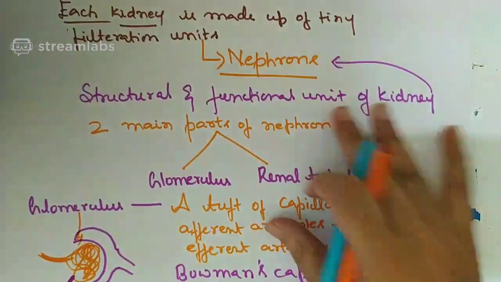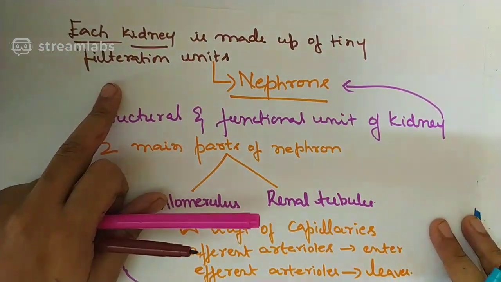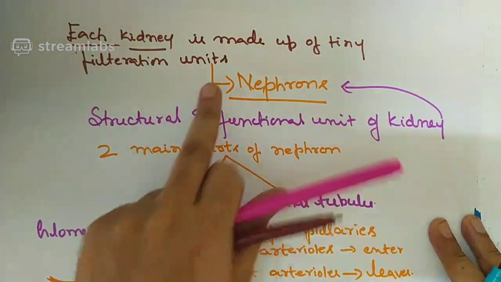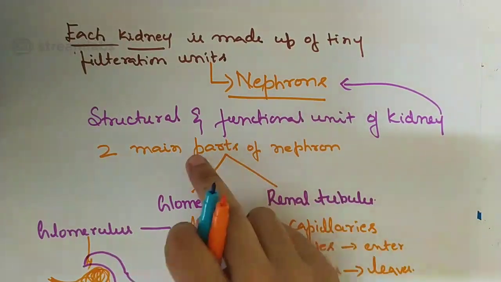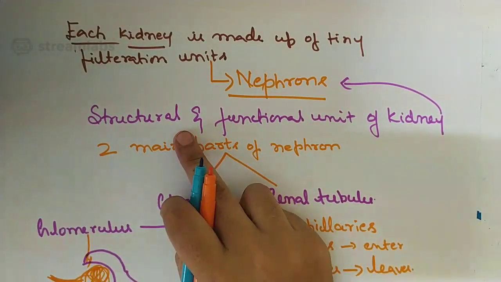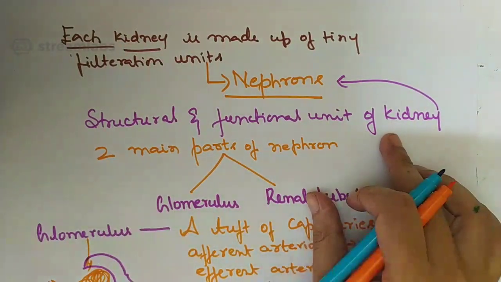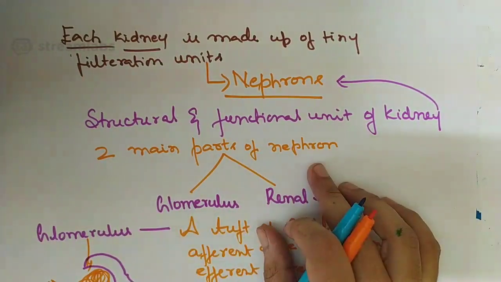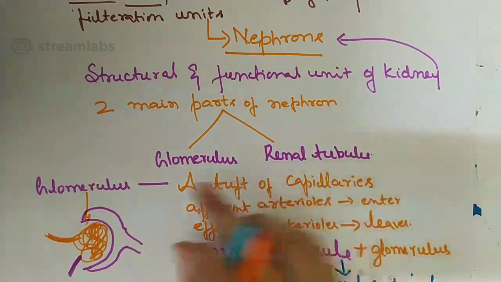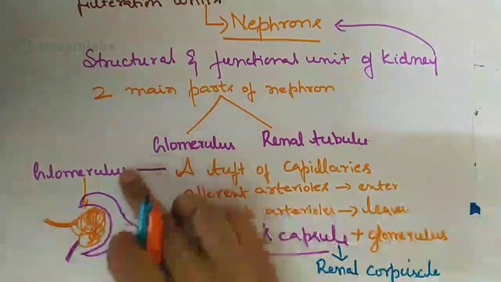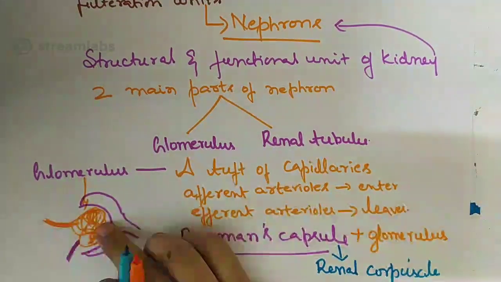So each kidney is made up of tiny filtration units. What is that filtration unit? It's called nephron. Another way you can define nephrons is as the structural and functional unit of the kidney. Which are the two main parts of the nephron? Glomerulus and renal tubules. What is the glomerulus? It is a tuft of capillaries.